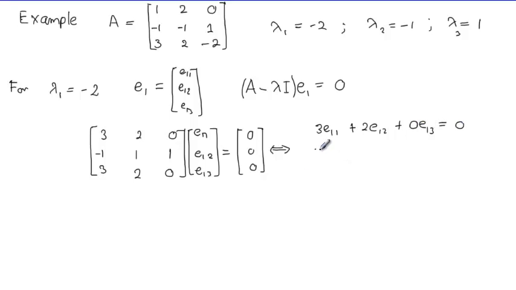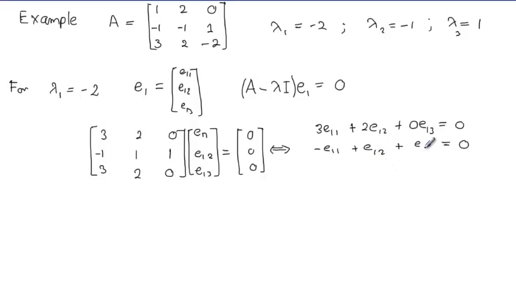Then this is minus E11 plus E12 plus E13 equals 0. That's a bit clumsy there. Let's correct this.